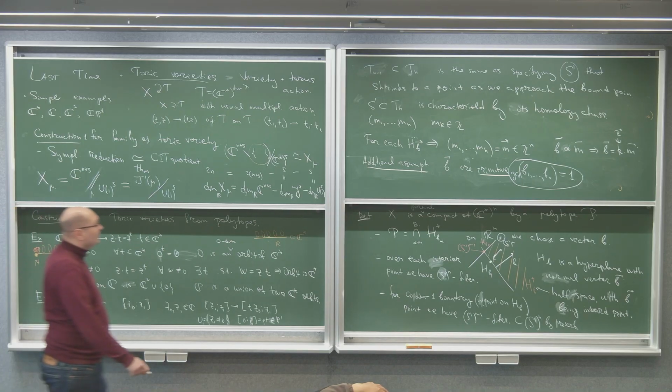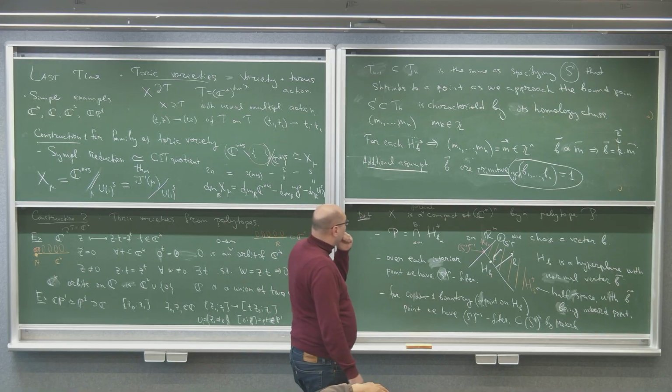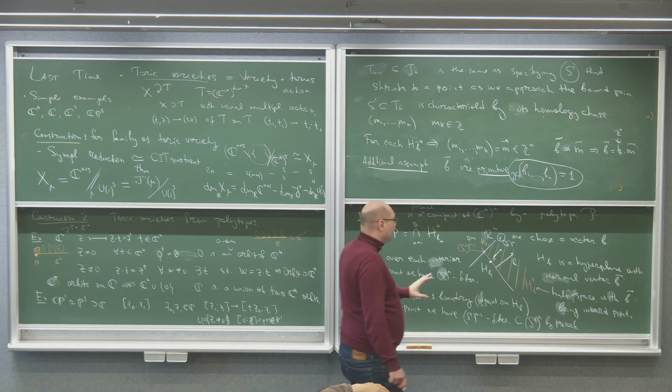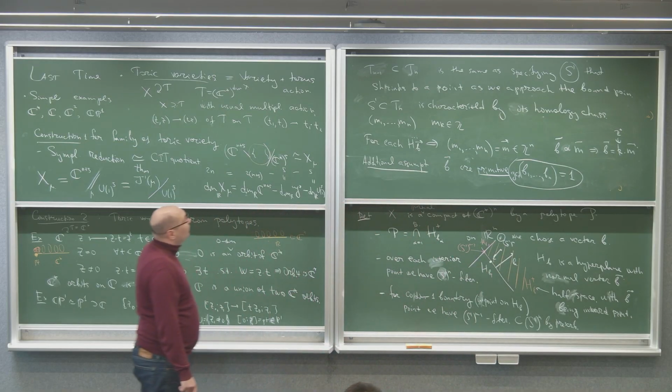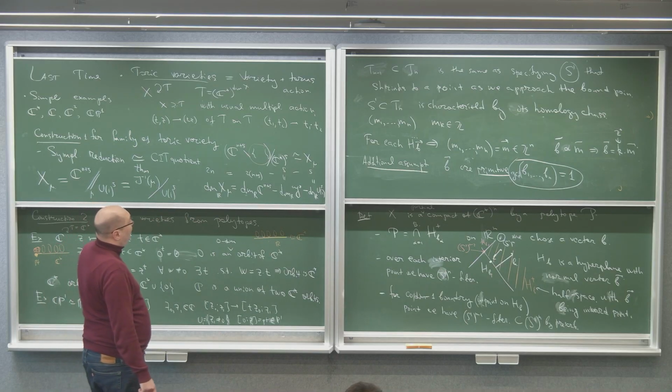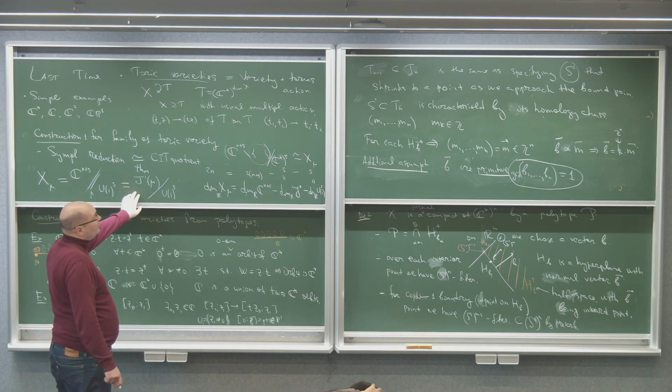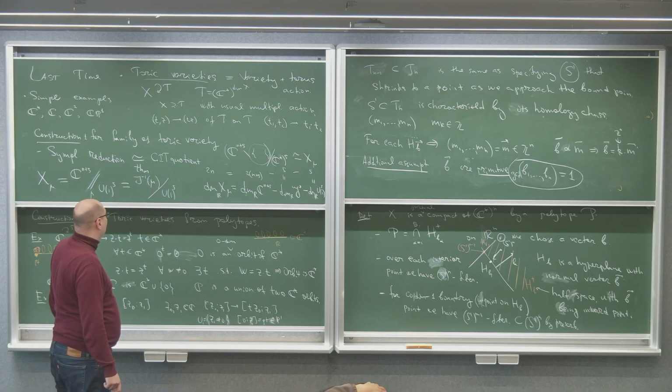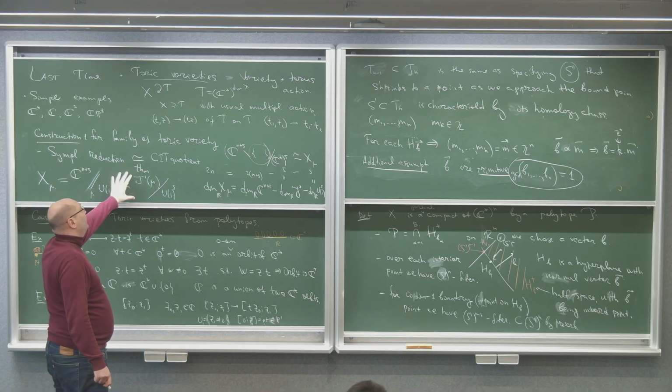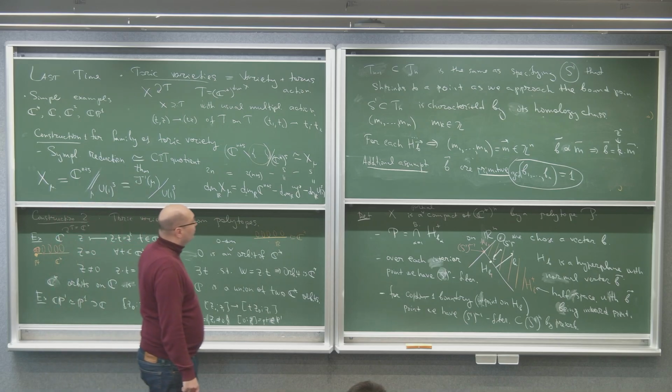I think now it's a good point to make a break, because the next thing I'm going to talk about is how to go from this polytope picture to the symplectic reduction picture that we discussed last time. In particular, we will see how polytopes emerge in the symplectic reduction story.